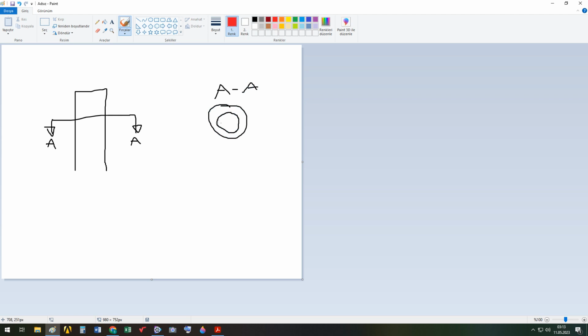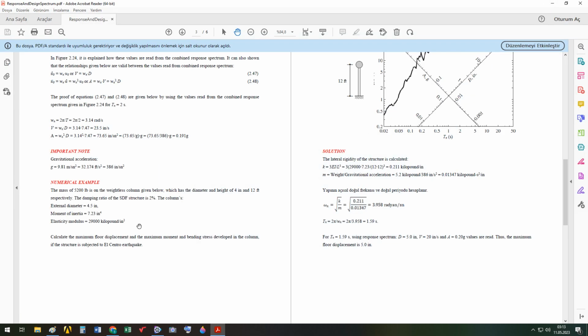The external diameter is 4.5 inch. So the 4-inch is actually not required, as I understood from the solution of the numerical example, because the moment of inertia of the column section is given, and the elasticity modulus of the material from which the column is made is also given.